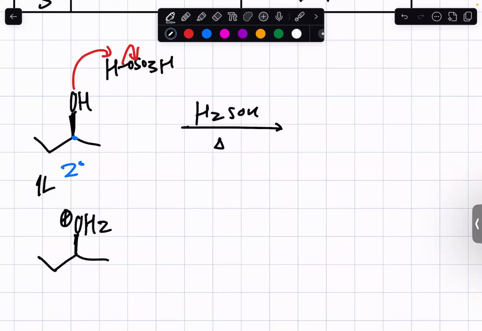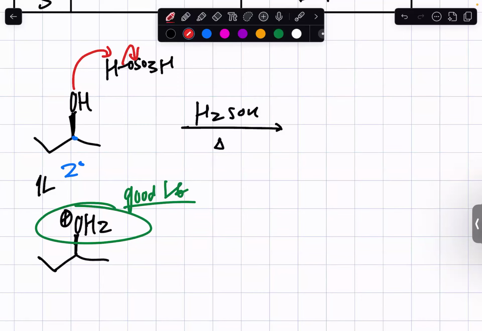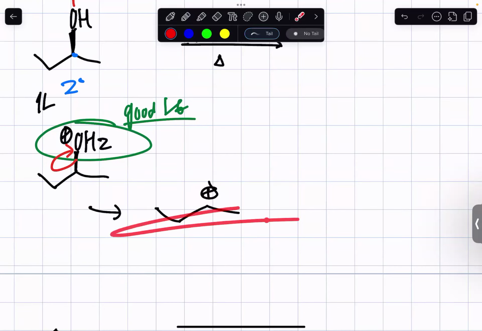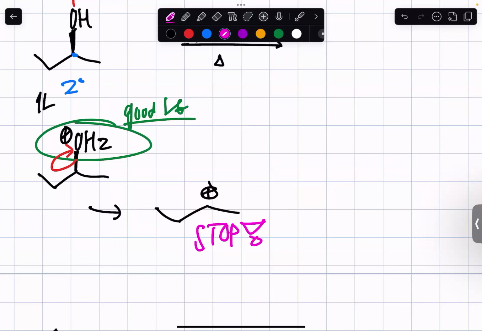Okay. Now, this right here is an alkyl oxonium ion, which is a good leaving group. And because we're doing an E1 type reaction, once we have the good leaving group, the leaving group is just going to leave by itself first in the mechanism, forming a carbocation intermediate. And whenever you form a carbocation intermediate, you have to remember to stop and look out for any carbocation rearrangements, like a hydride shift or methyl shift.